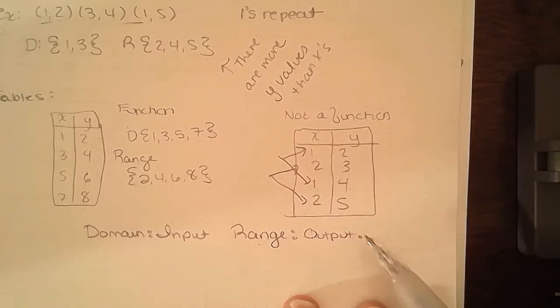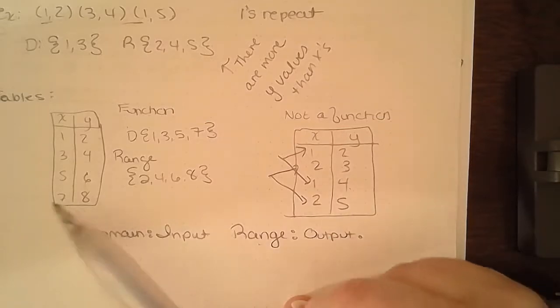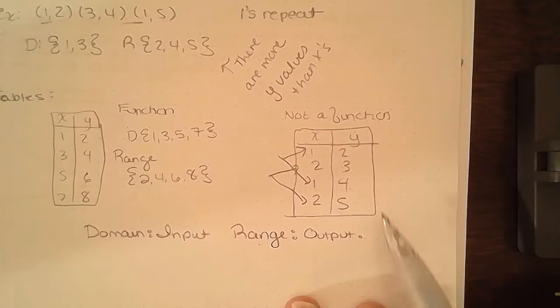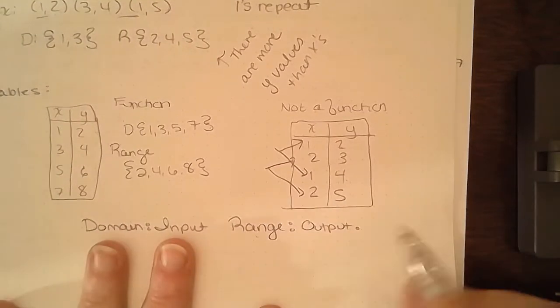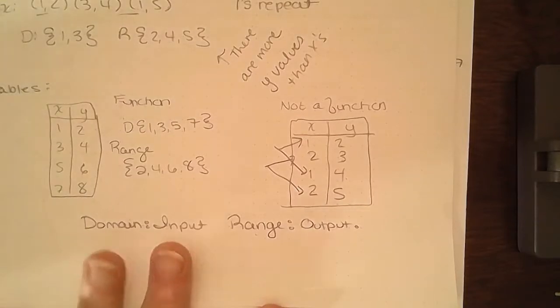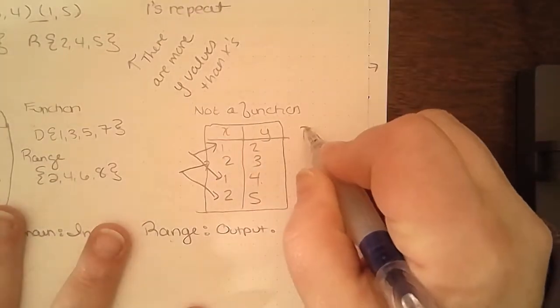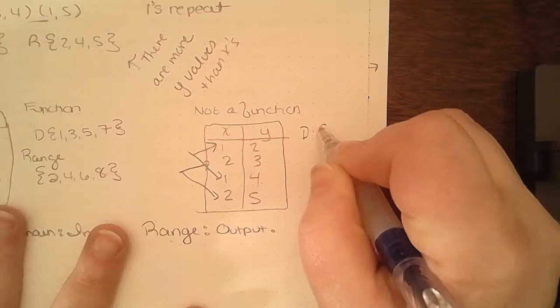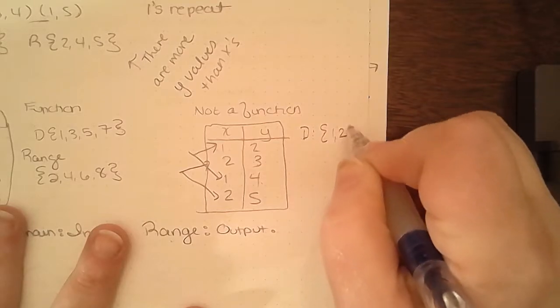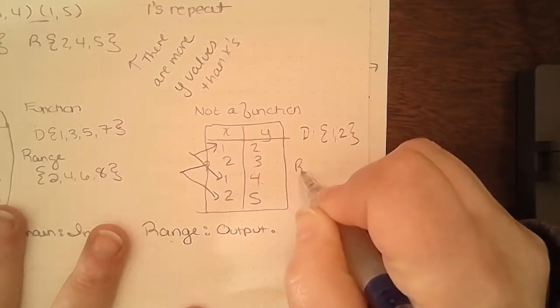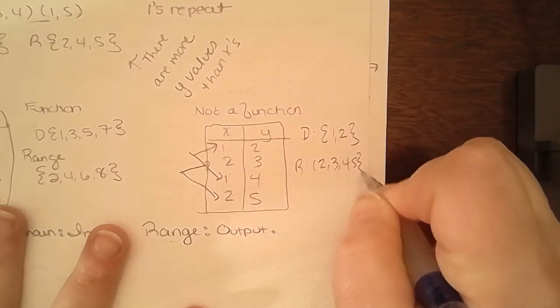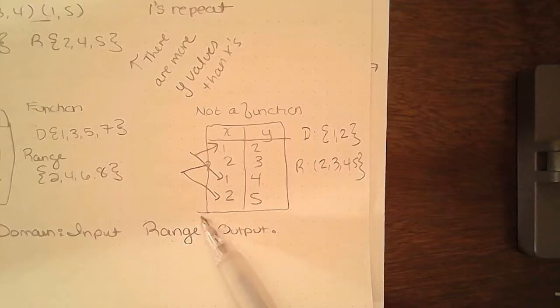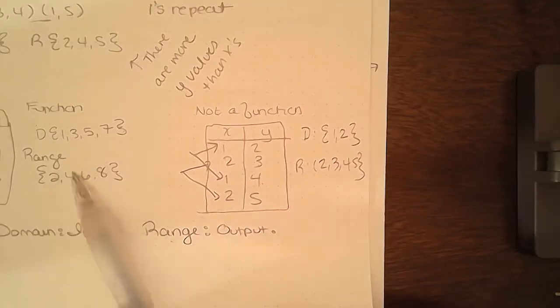But here my domain would be 1, 3, 5, and 7, and my range is 2, 4, 6, and 8. Here, my domain is 1 and 2, and my range is 2, 3, 4, and 5. Now, this is not a function, okay? This one is a function, okay?